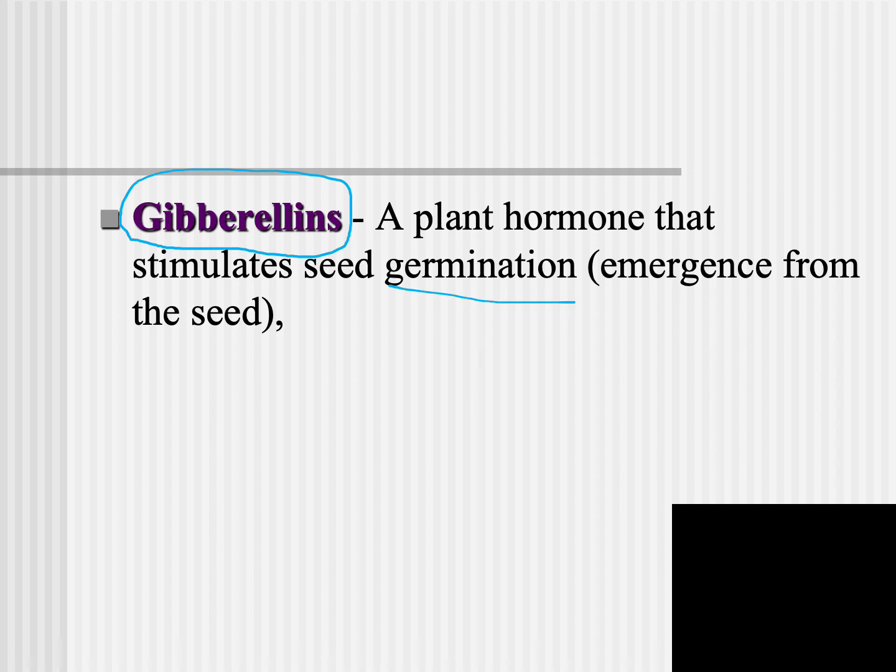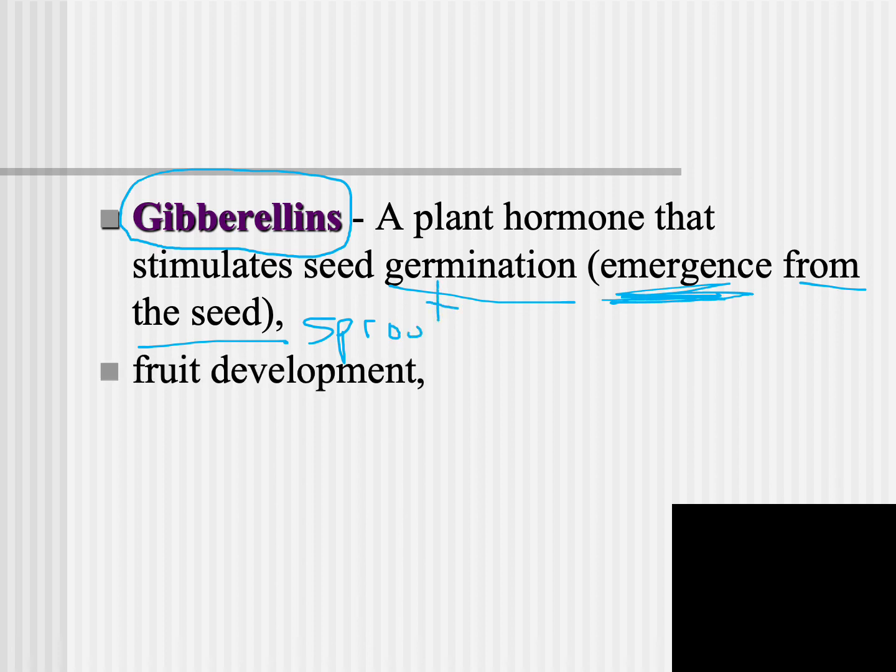And when we mean germination, we mean emergence or breaking from the seed to grow the plant. So how many seeds sprout? That's one piece of data you're going to be looking at.